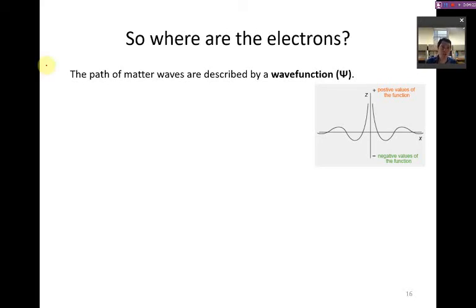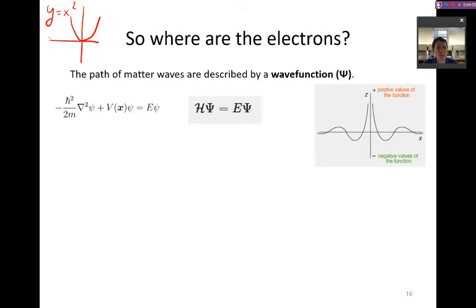Just as with a mathematical function, where you might say y is equal to x squared, that gives this function, he described the way that matter behaves as a wave function. He was able to determine mathematically what those wave functions would be that describe the locations of the wave.